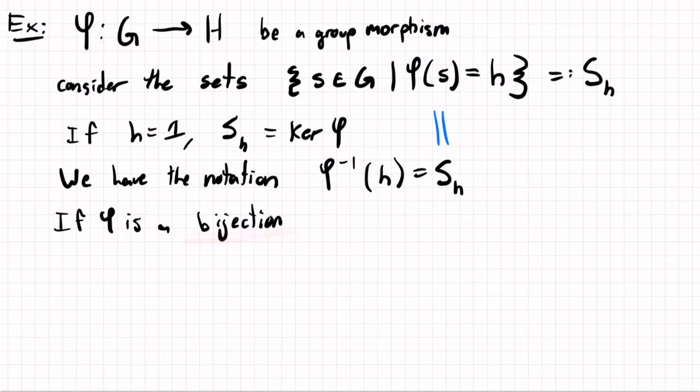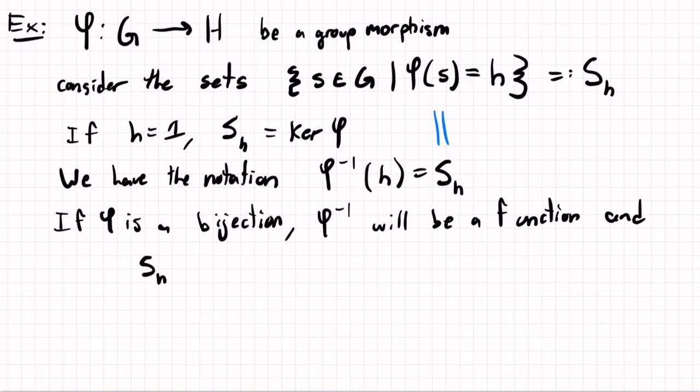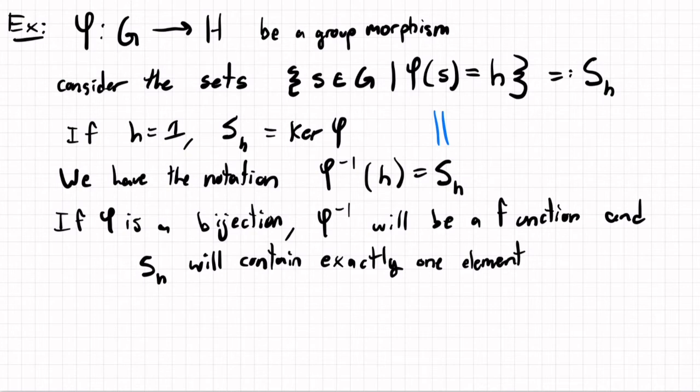If phi is a bijection, phi inverse will be an actual function, and SH will contain exactly one element. Phi inverse then just becomes the inverse function.